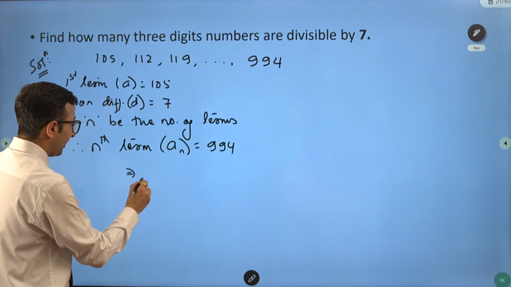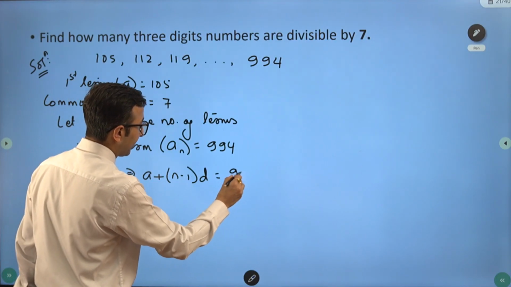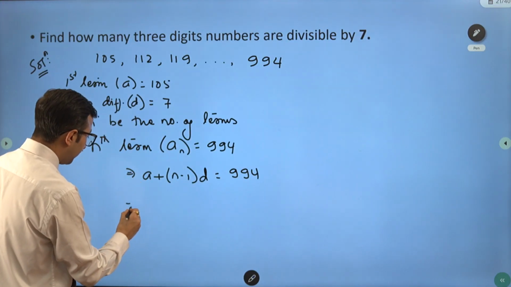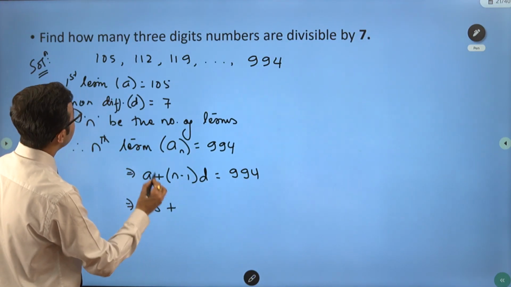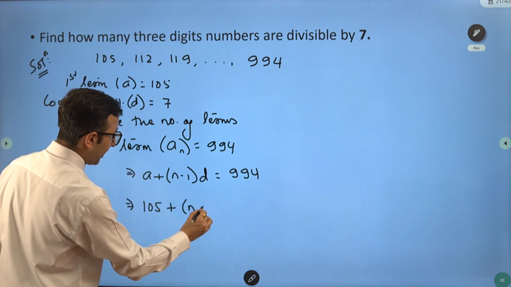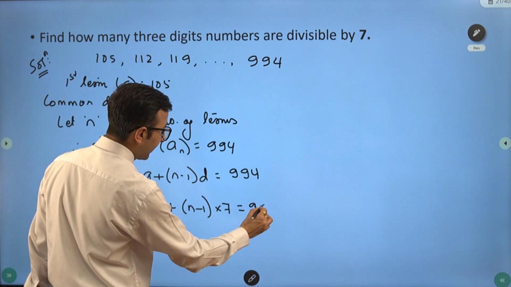We'll use the formula a plus n minus 1 d is equal to 994, which implies we'll replace a is 105 plus n minus 1, the value of d is 7, equal to 994.